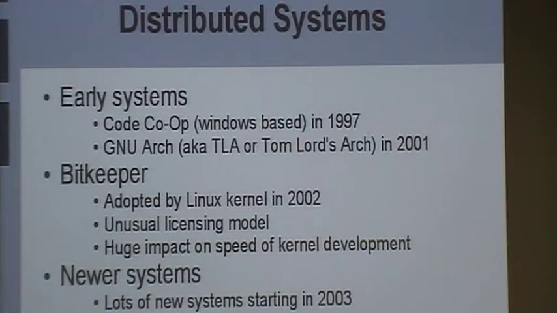Now, since then, there's a whole lot of newer systems, starting in around 2003, a whole lot came out, partly because of some conflict that happened around the BitKeeper project, and that conflict was partly due to some work that I did, where I wasn't happy with the licensing model that BitKeeper was under, because the licensing model said that if you use BitKeeper, you cannot develop any other source code management system.